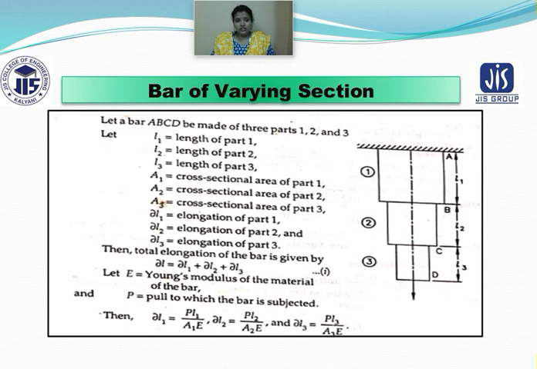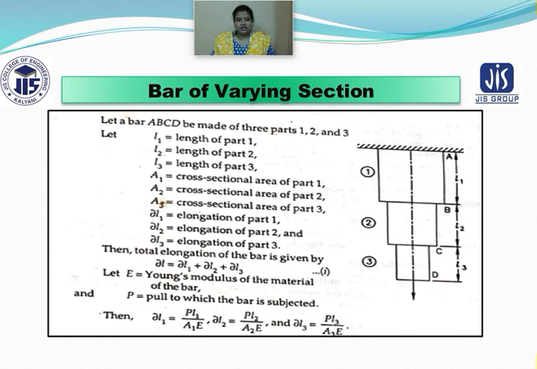And for area A3 it is the same thing, because the length has varied, that is L3, and the diameter has also varied, that is D3. So with the help of diameters D1, D2 and D3, the area has already been calculated in advance.